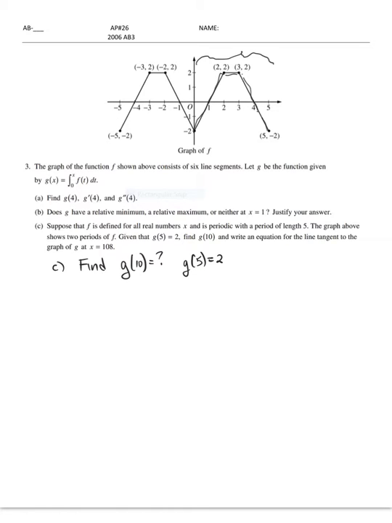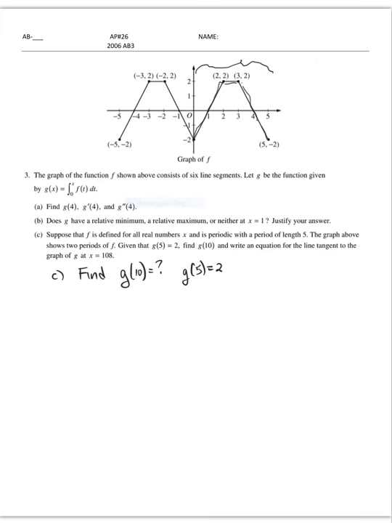So what we could do is set up a definite integral that would give us these values. And the way to do it is the following. We want to get g of 10 minus g of 5. And the integral that would do that is the integral from 5 to 10 of the derivative of g.